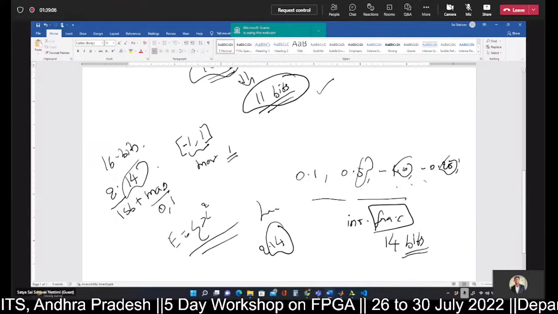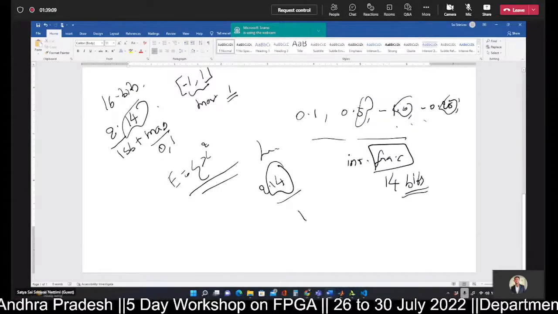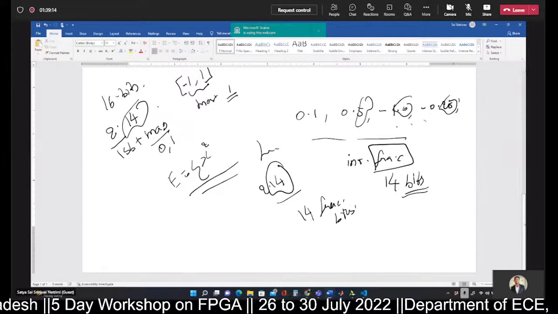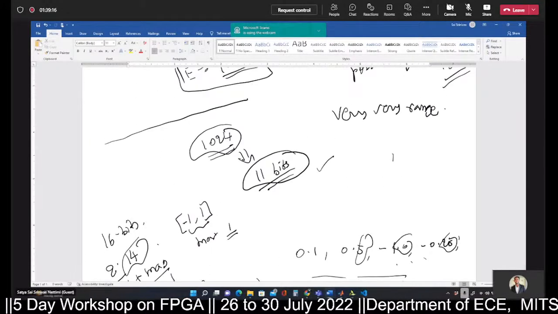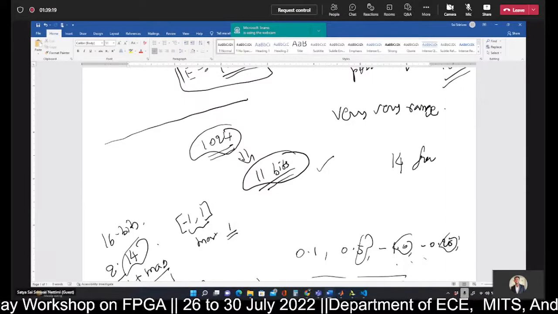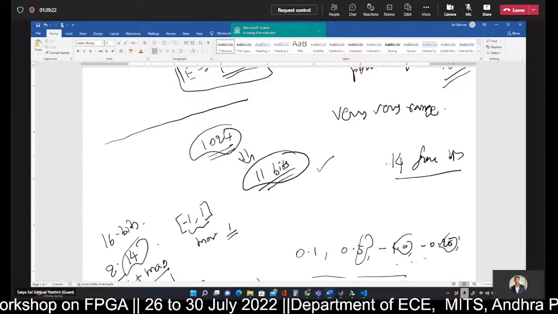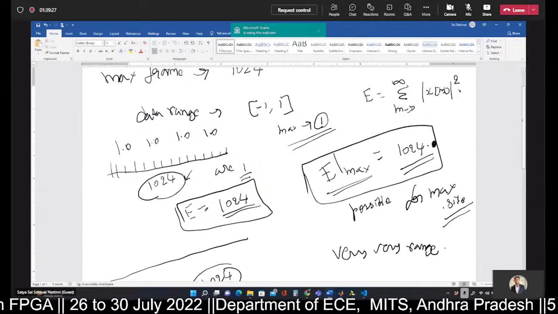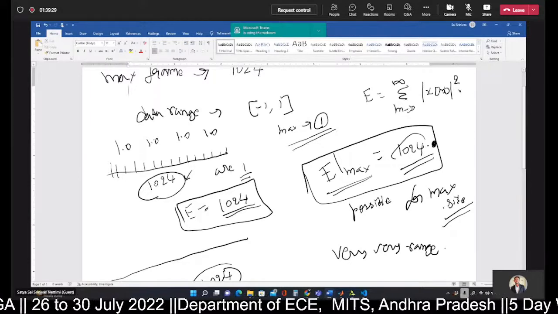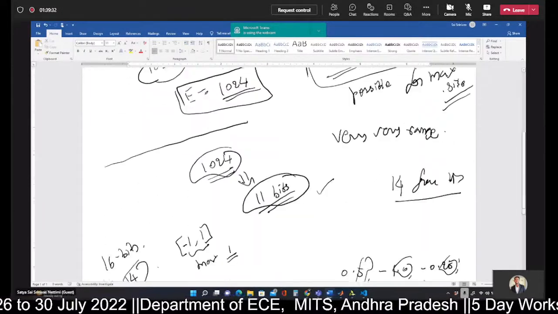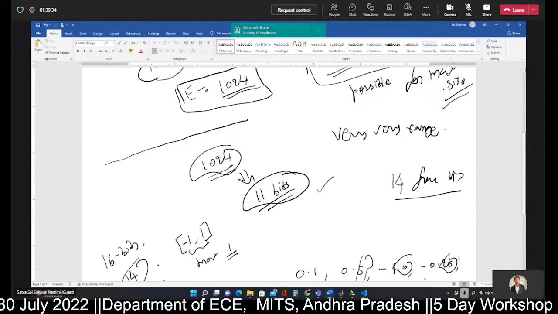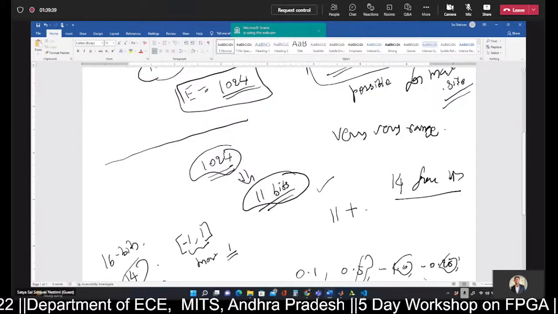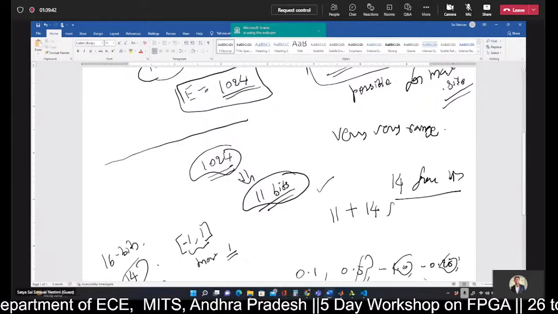Even if you calculate the energy, the resultant energy will also have 14 fractional bits. So it also requires 14 fractional bits. In the scenario where all samples are 1, the maximum frame size is 1024, which is the integer part, and to represent that integer part we require 11 bits. So 11 bits is the maximum integer part and 14 bits is the fractional part.